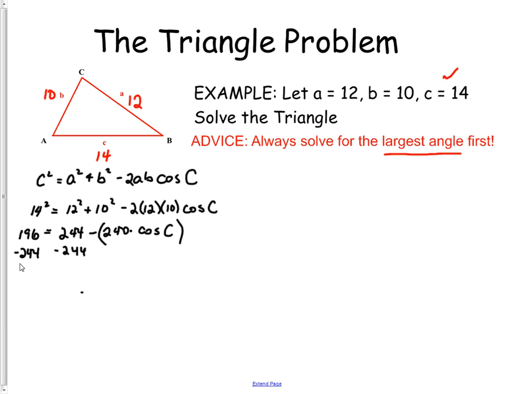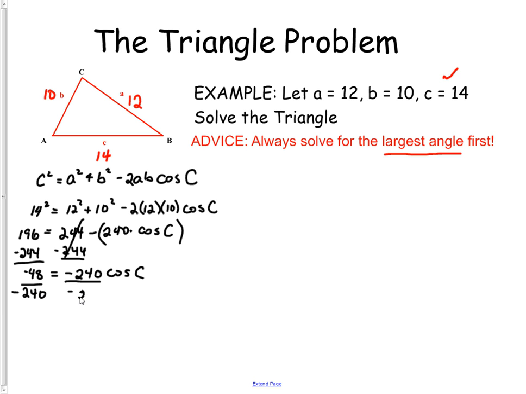If we subtract 244 from both sides, of course that drops out from the left, and we get our difference of negative 48, and that's equal to negative 240 times the cosine of C. So we have to divide by negative 240 on both sides and reduce our fraction.